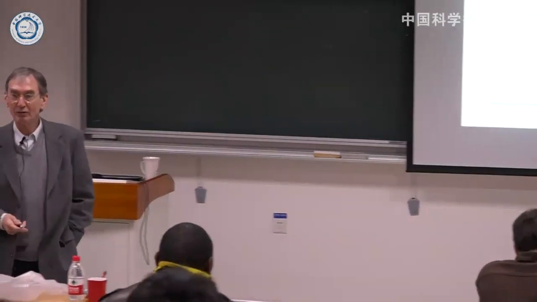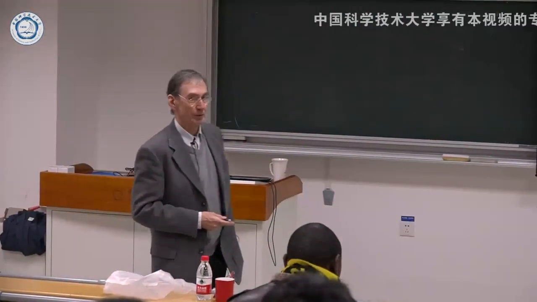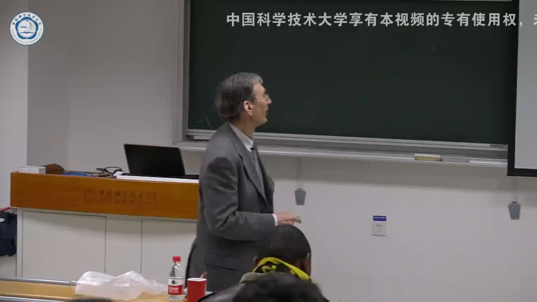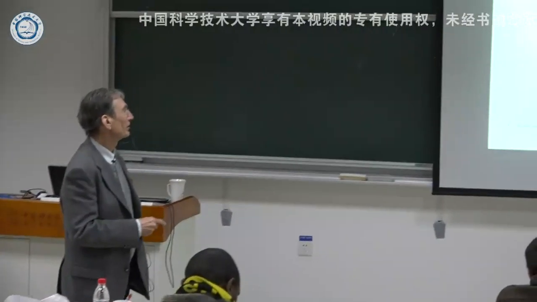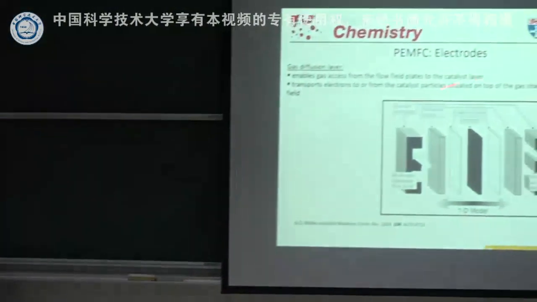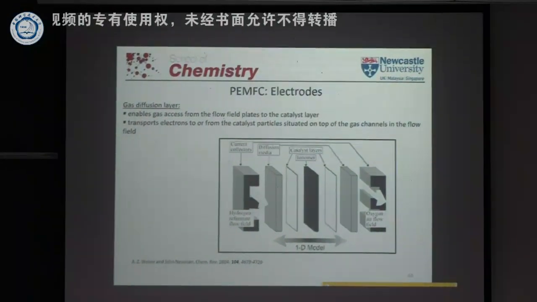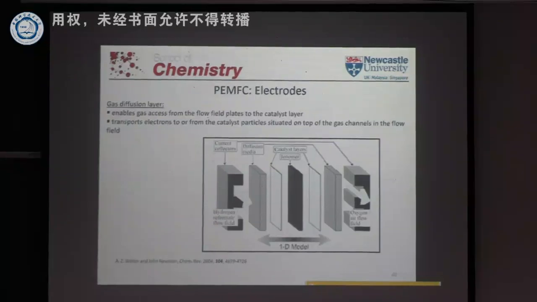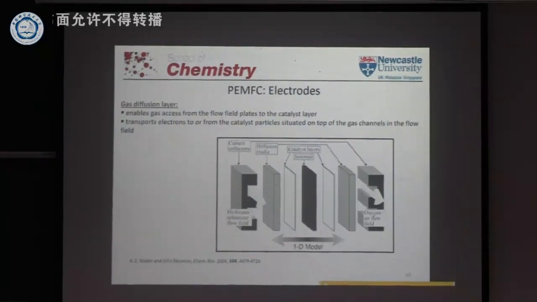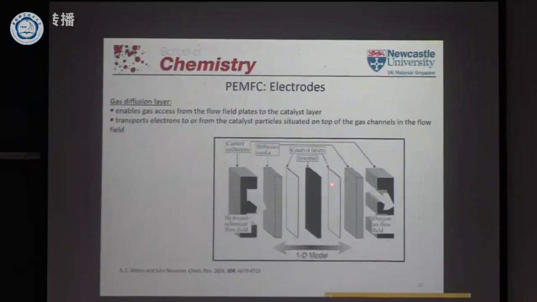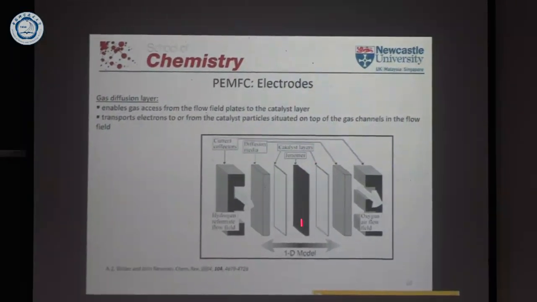Let's look for a few minutes at what we have discussed the last time. I've chosen this slide, which shows the different elements of the fuel cell, to just recall what we had discussed. First of all, we looked very much at the properties of the membrane.